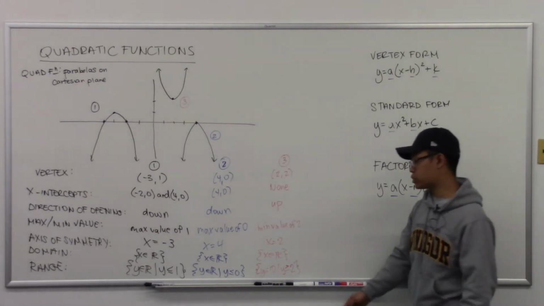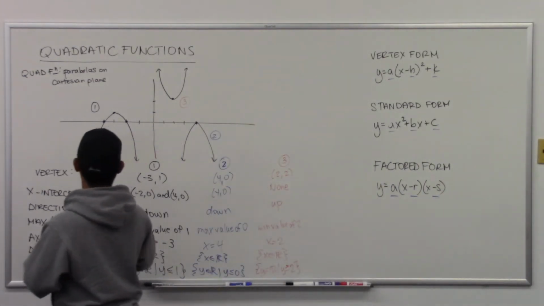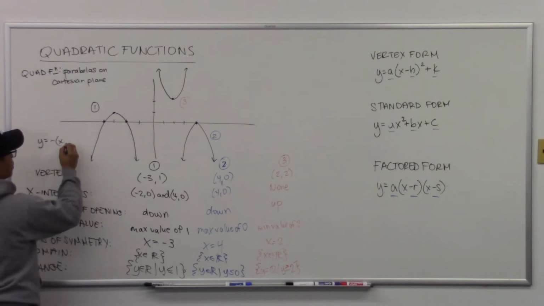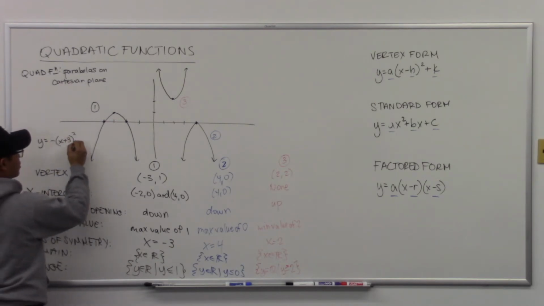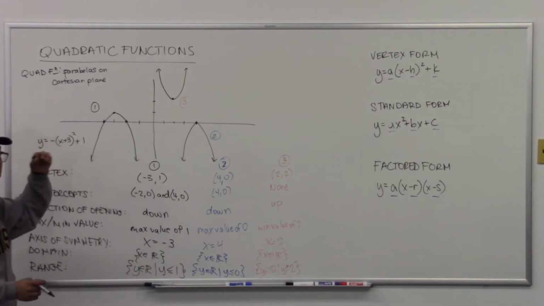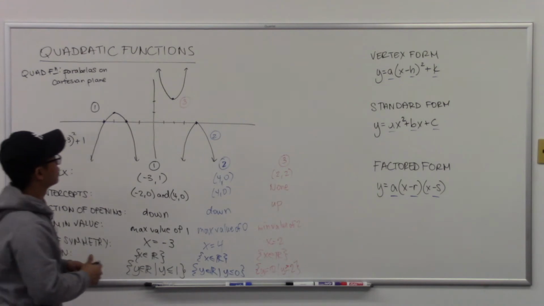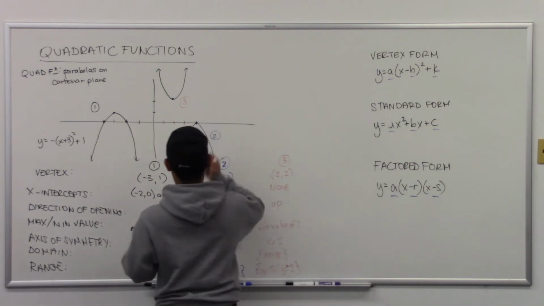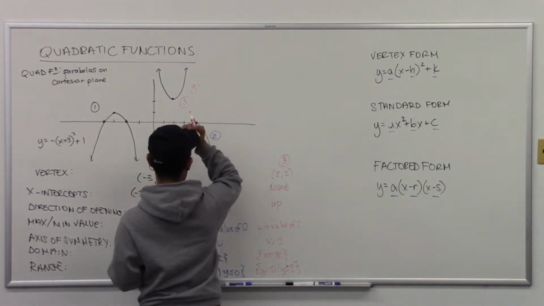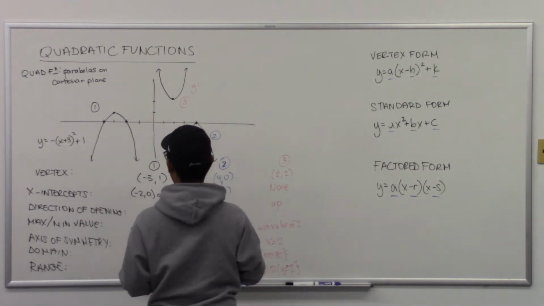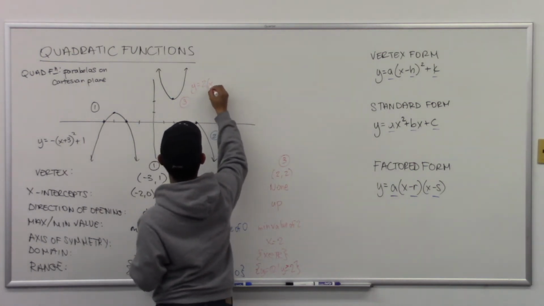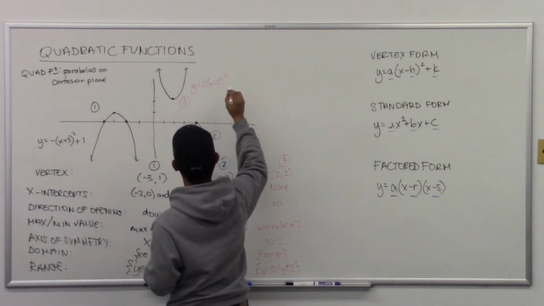Now I'm going to give you the equations to these. This equation is y is equal to negative x plus 3 squared plus 1. That's the equation of this parabola. This parabola, the red one, is y is equal to 2 times x minus 2 squared plus 2.